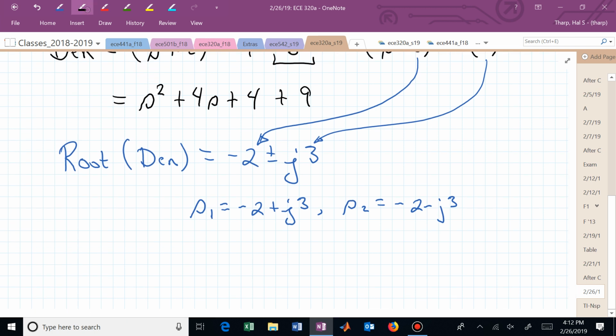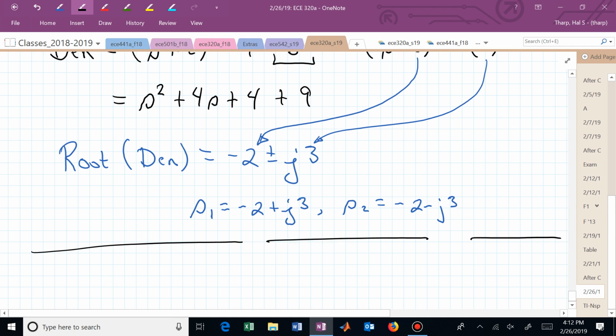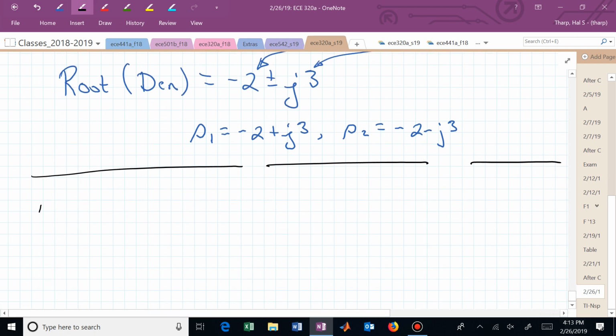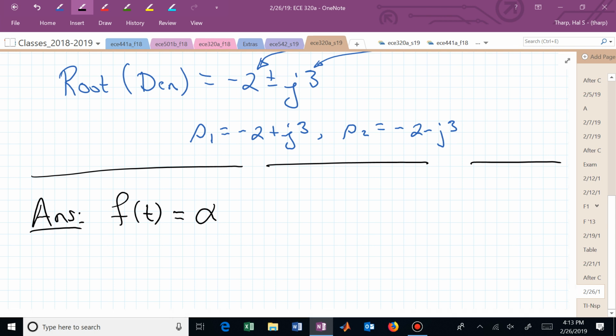Once I know that I have complex roots, I can write down the structure of what I expect the time domain expression associated with capital F of s to be. I expect the solution, little f of t, to be some amount of an exponentially damped cosine and an exponentially damped sine. How much are they exponentially damped? Well, that exponential damping is determined by the real part of those two roots, the minus 2.